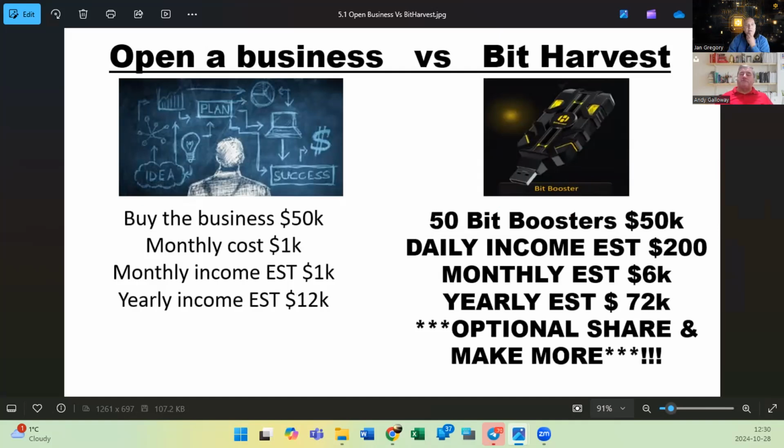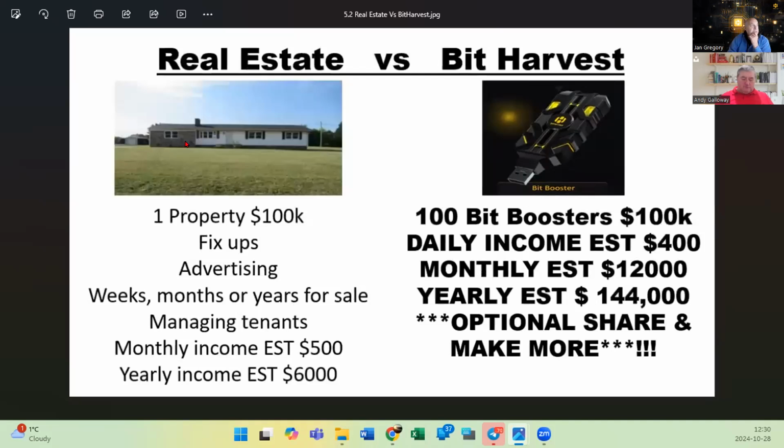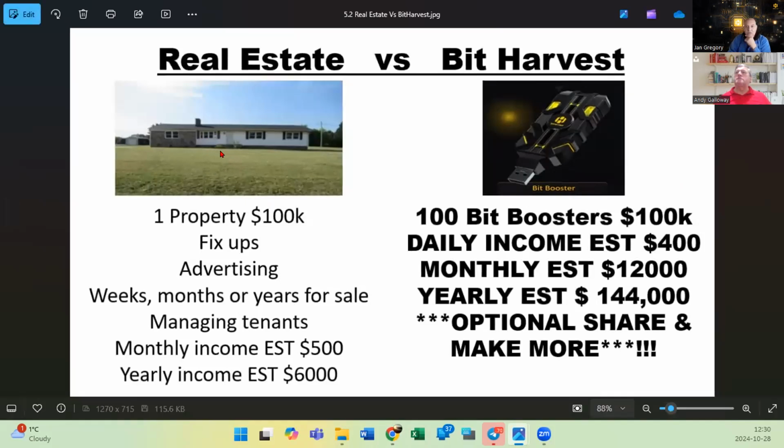Let's talk about real estate, just as another example. In real estate, you can flip houses. That's okay. You can buy multiple units. That's okay too. So for me to have a true passive income, I've got to have 5 or so units working for me. But let's just work with one unit. One property, $100,000.